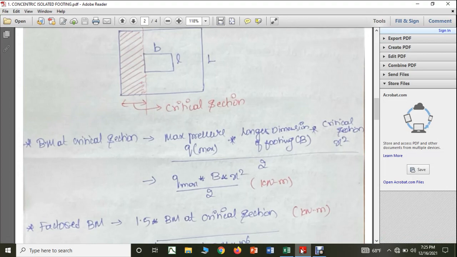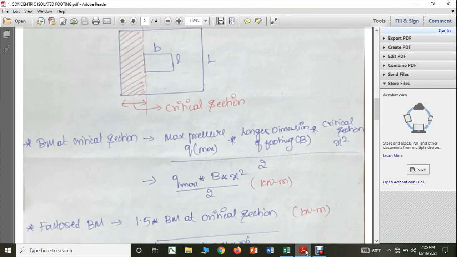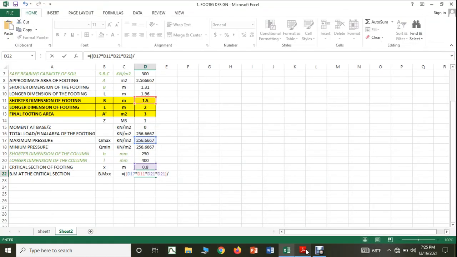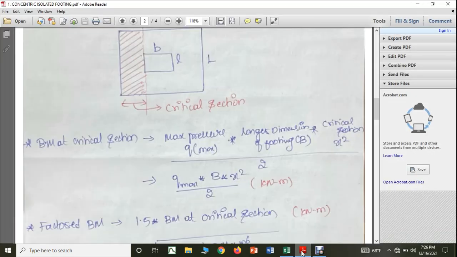Yes, I have to take, and it is not the longer dimension, it is actually the dimension perpendicular to that, that is my 1.5, multiplied by x, 2 times into, divided by 2, right, divided by 2. That will be your bending moment at the critical section in kilonewton meter.